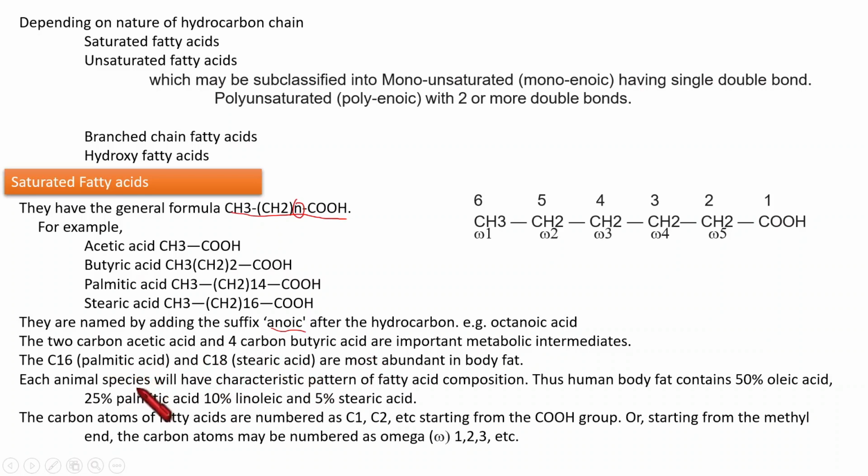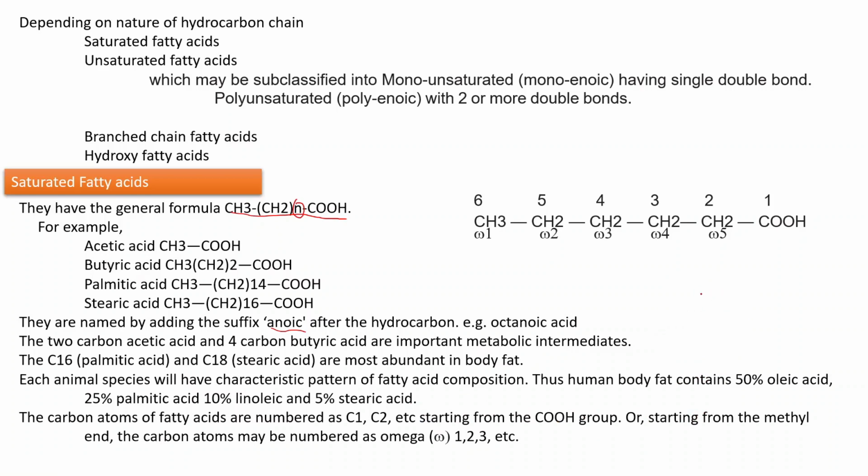Then the next point is that if we consider different animal species, the composition of fatty acids will vary depending upon the species. In the case of the human body, the fat composition is 50% oleic acid, 25% palmitic acid, 10% linoleic acid, and 5% stearic acid. Very easily we can memorize that composition using this code.